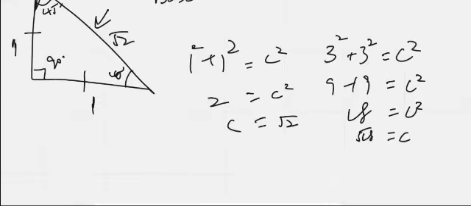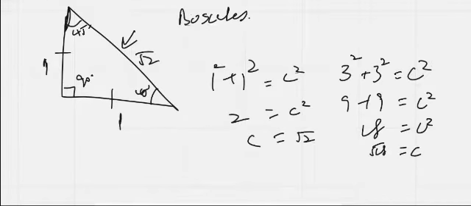And 18 can be further simplified into 9 times 2, so the square root of 9 is 3, which becomes 3 root 2.